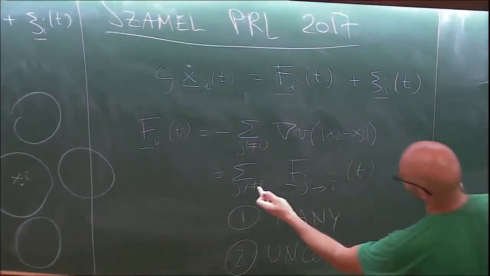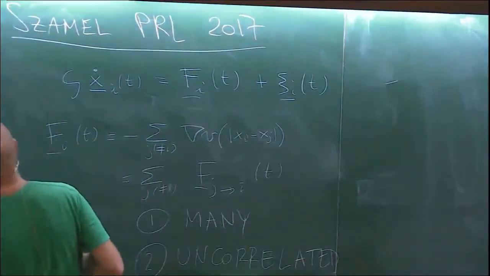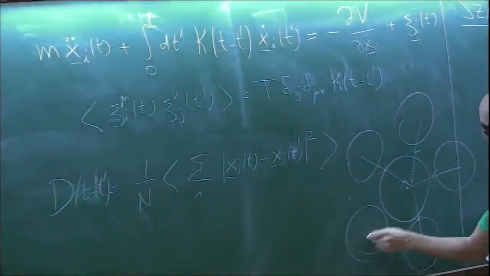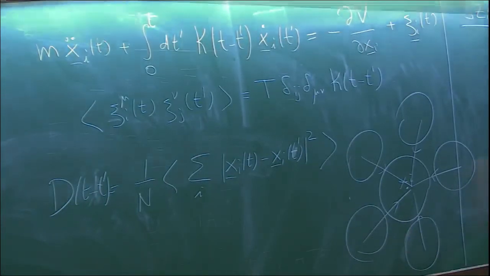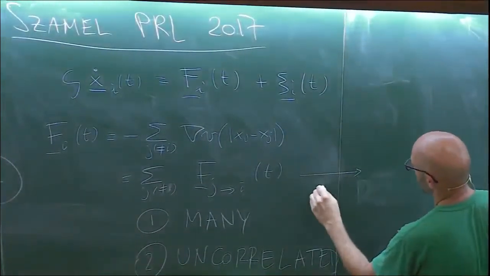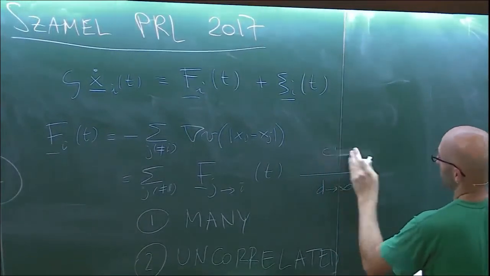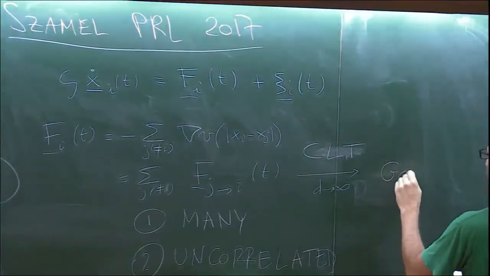So under these two assumptions, what happens? The particle i is feeling a force, which is the sum of all these forces. Because there are many terms and they are uncorrelated, this is a sum of many random variables, so by the central limit theorem it is going to become a Gaussian variable.